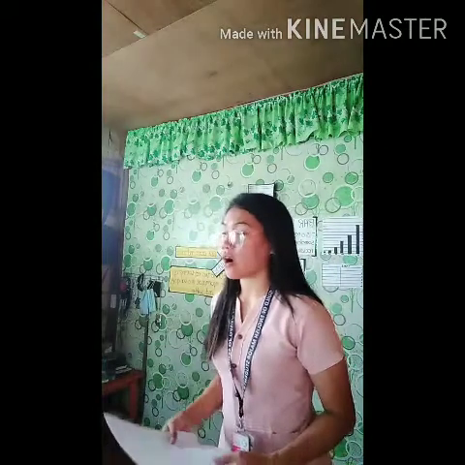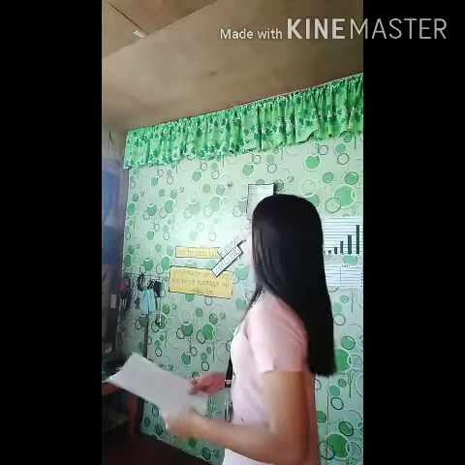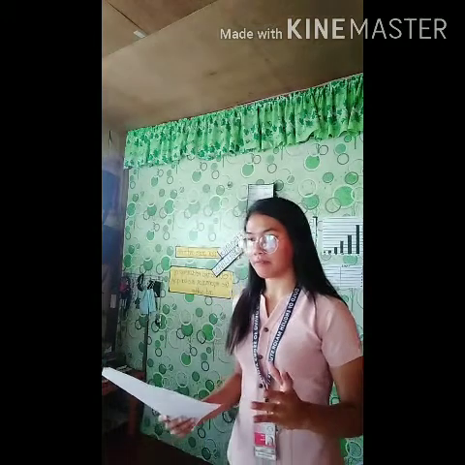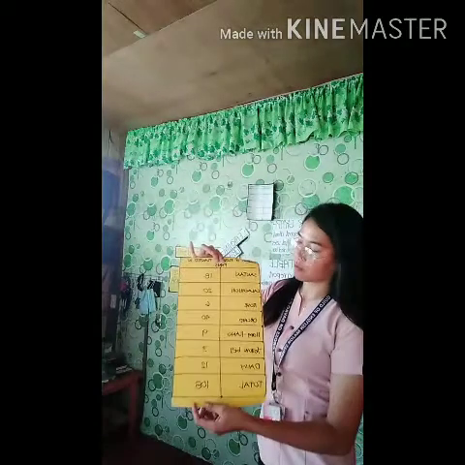Okay, so all of your answers are correct. So congratulations. But this time we will have a game. I will present to you a table first. Okay, here is the table. Now here is the table that I will provide for you.